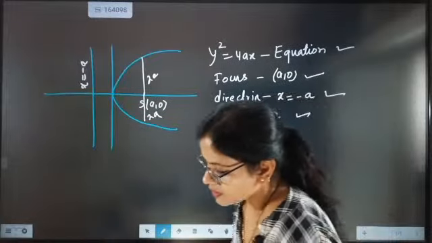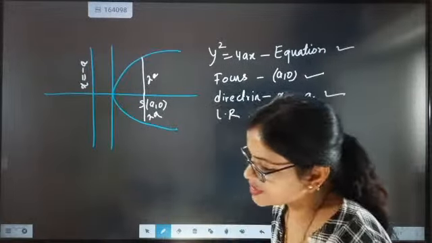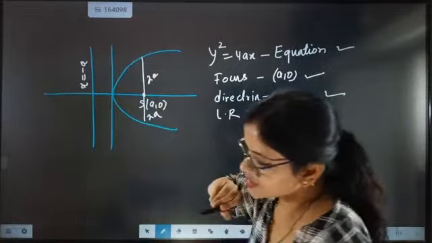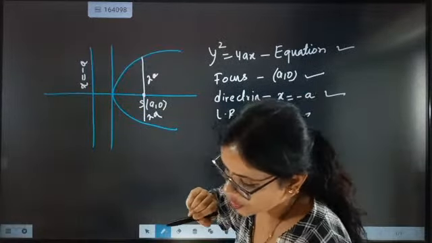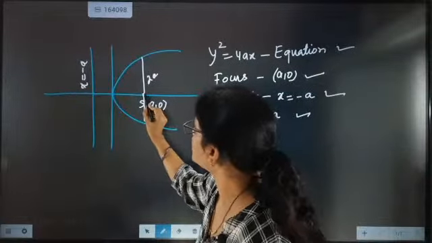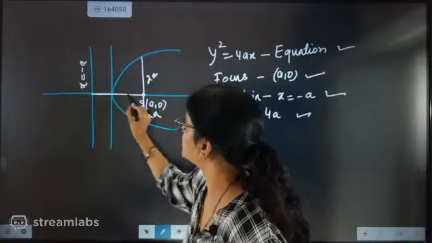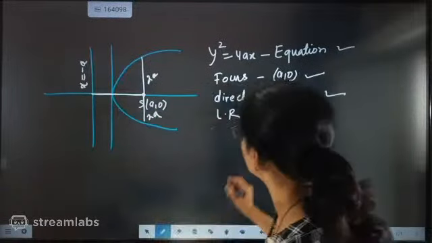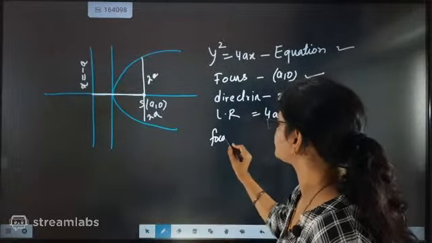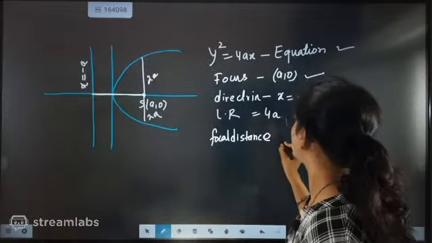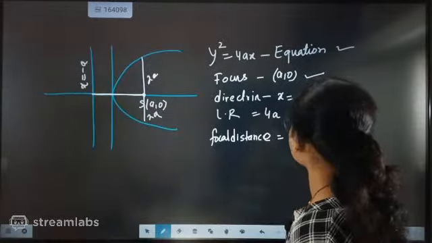Okay. Now focal distance. What is exactly focal distance? Focal distance means the focal distance of a point P(x, y). Focal distance means this distance. So this is coming as x and this is coming as a. So focal distance is going to come as x plus a.